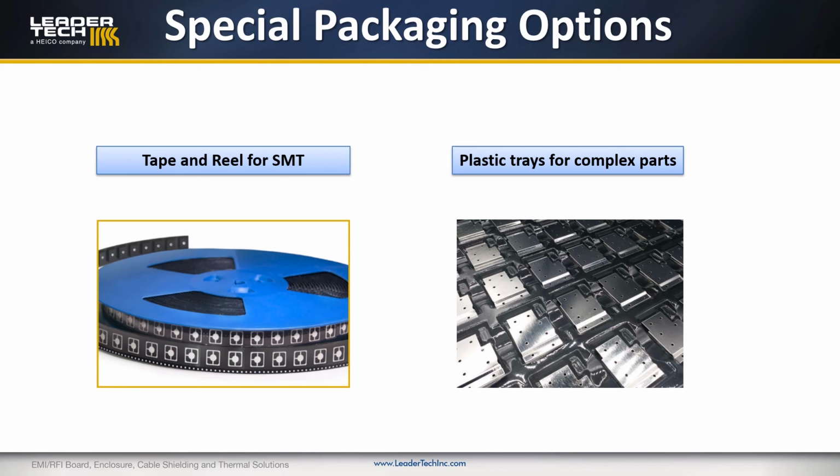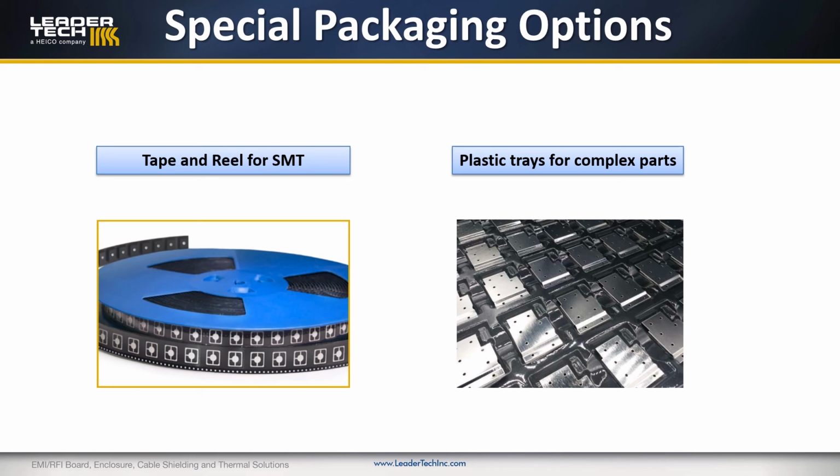So the last aspect of the shield design is actually getting the finished product to you intact. The parts that we make are small and they're made out of thin gauge sheet metal, so they tend to be kind of delicate or fragile. So we have some standard packaging options, but depending on your application, we have a couple of special packaging options.